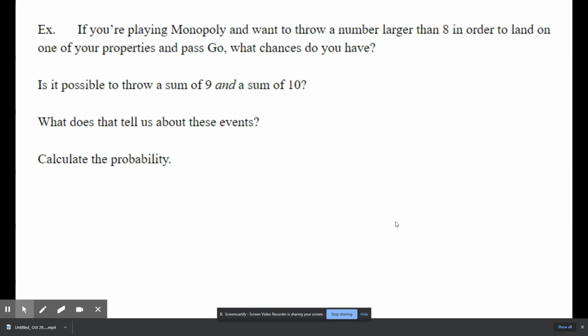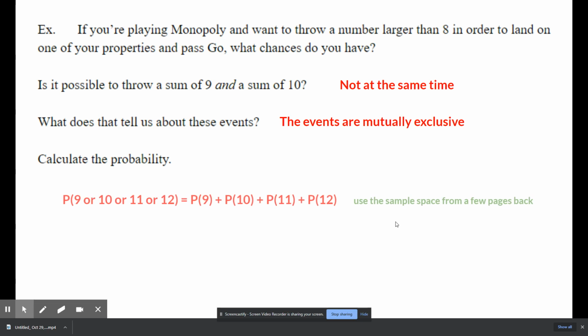So, as an example, if you're playing Monopoly and want to throw a number larger than 8 in order to land on one of your properties and pass go, what chances do you have? So, what are the numbers? Is it possible to throw a sum of 9 and a sum of 10, not at the same time? So that means the events are mutually exclusive. Because they're mutually exclusive, we can just add the probabilities of anything larger than 8.